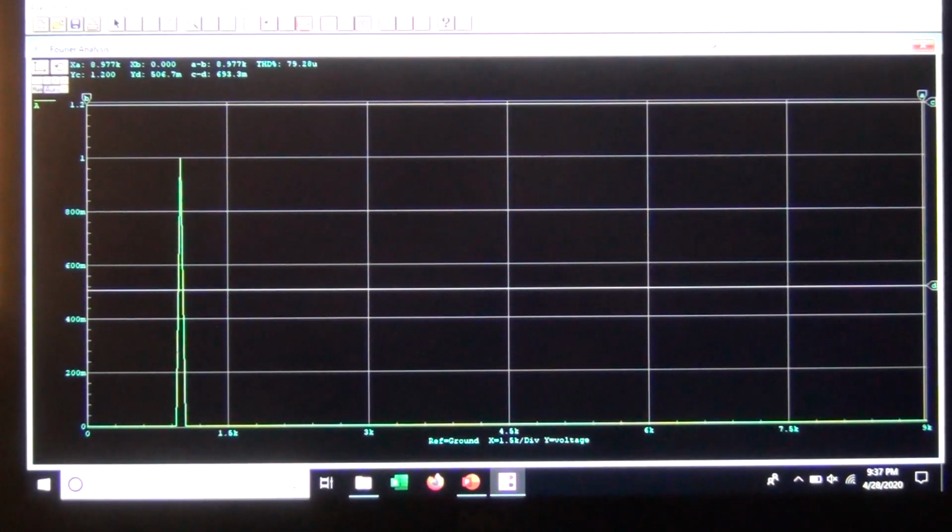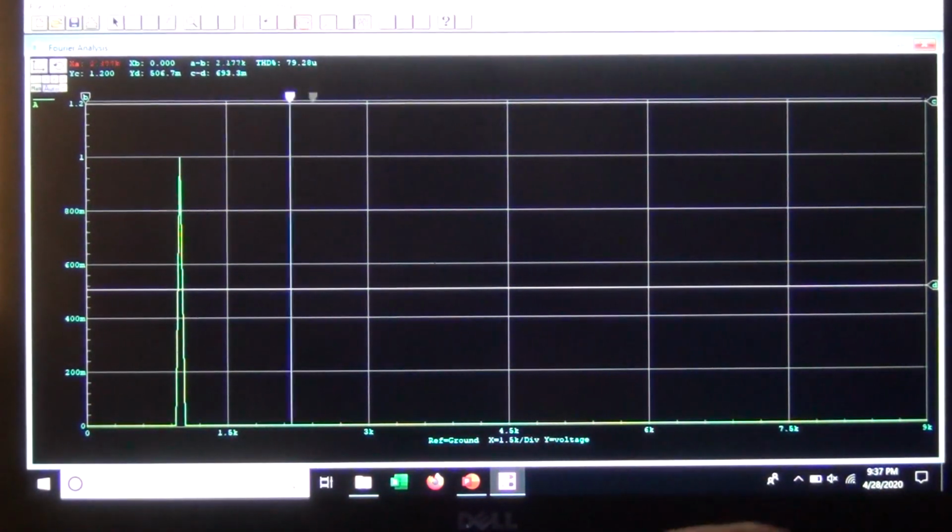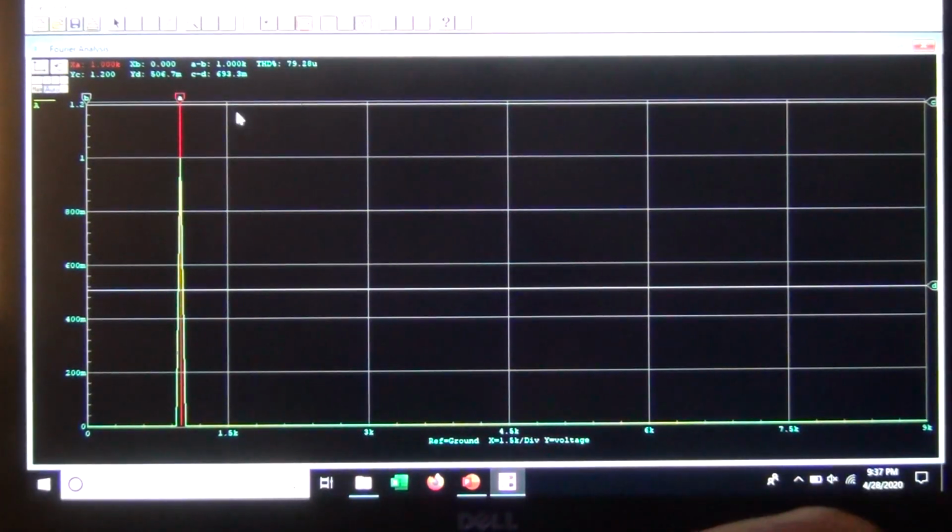The green spike is located, as we could grab hold of cursor A here and bring it down, at 1 kilohertz. You can see that up in the top X sub A in the top left hand corner.